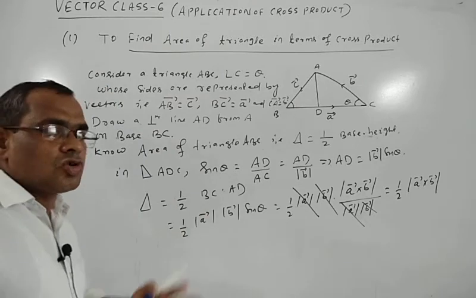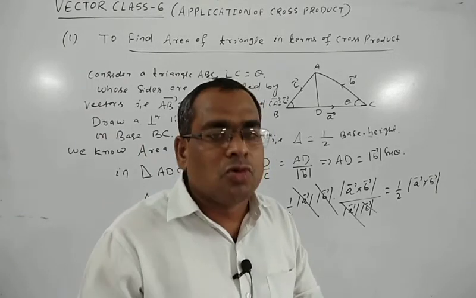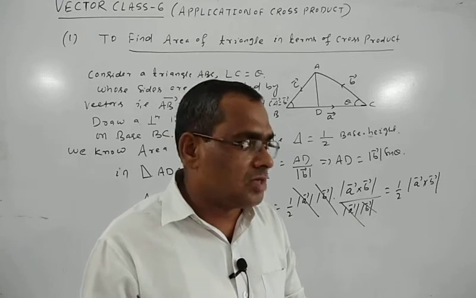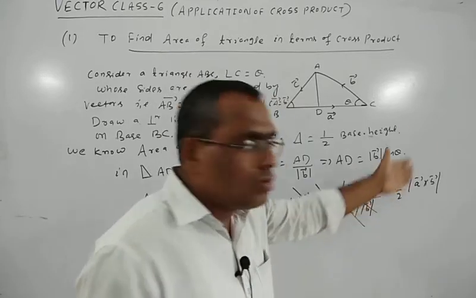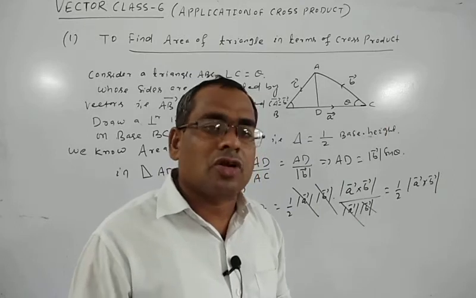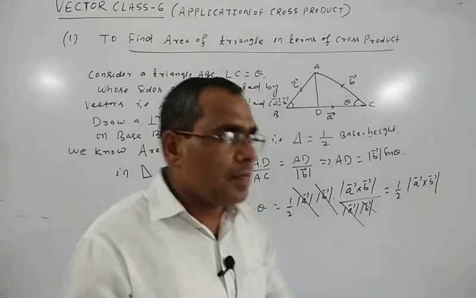Okay, so we conclude that the area of a triangle ABC whose sides are represented by the vectors A vector, B vector and C vector is equal to half into the magnitude of A vector cross B vector, or half into the magnitude of B vector cross C vector, or half into the magnitude of C vector cross A vector.